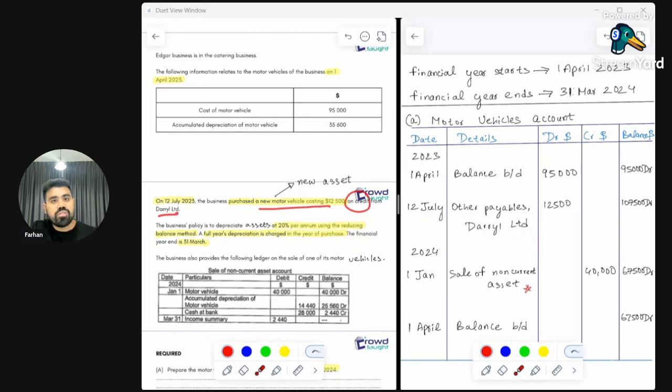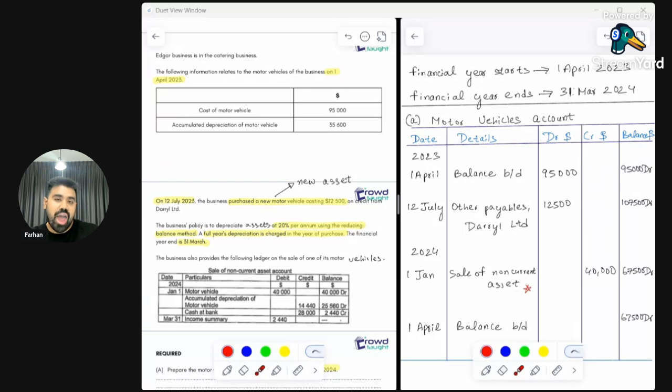Because the motor vehicles here refer to assets, we will write other payables, Daryl Limited, which means this is a credit purchase. Unlike inventory transactions where you would include trade payables, which are different to other payables. Trade payables refer to creditors or suppliers from whom you bought inventory on credit.